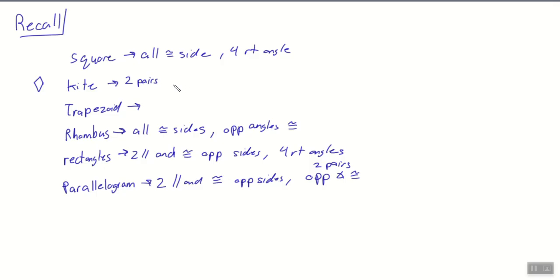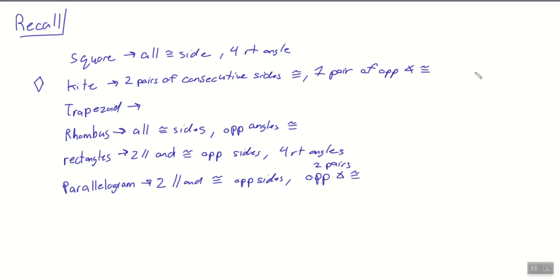Do you remember? 2 pairs of consecutive sides are congruent. And what about the angles on it? We have 1 pair of opposite angles are congruent.